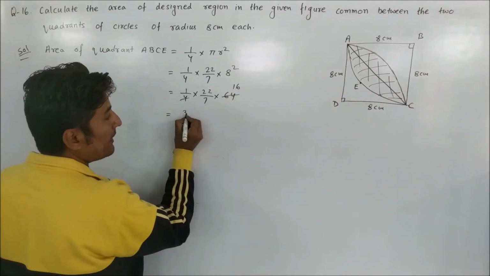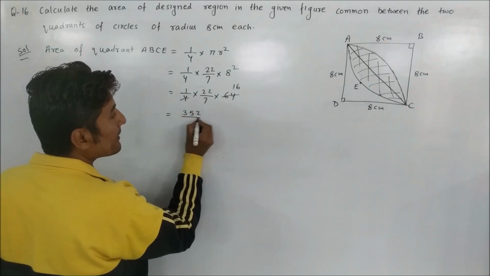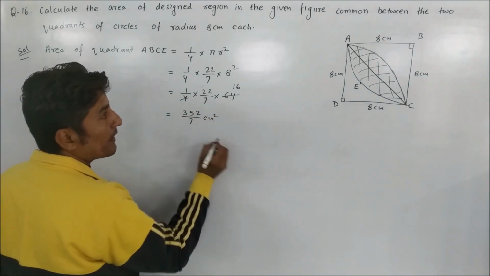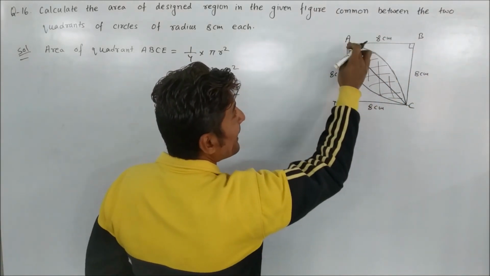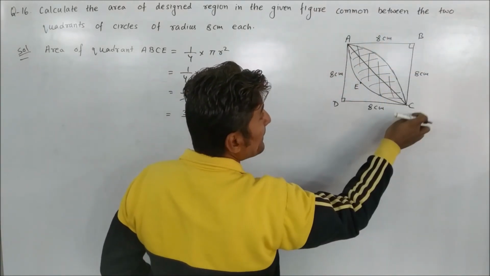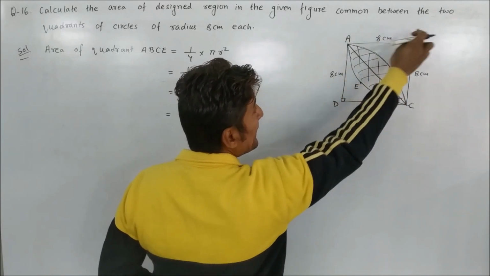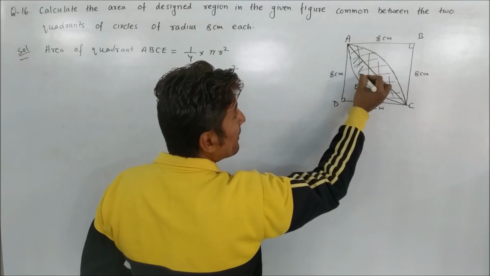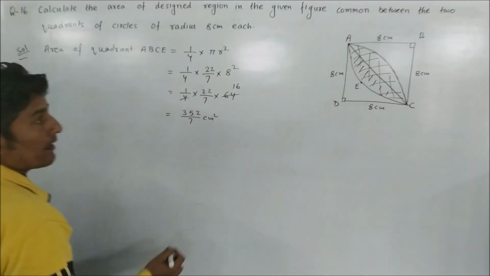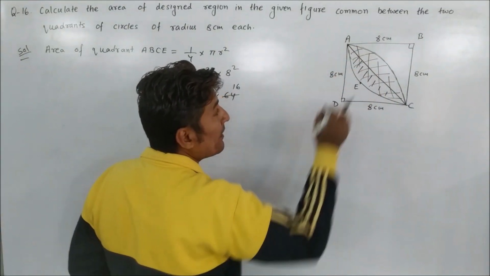So here we can write 352 upon 7 centimeter square. This is the area of this quadrant. If we subtract the area of triangle ABC from the area of quadrant ABCE, then we can get this area. So here this is the segment of the quadrant.